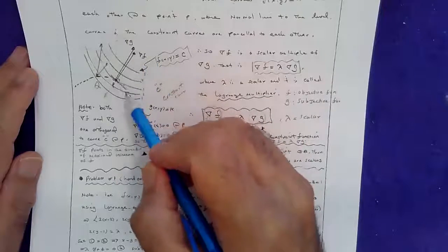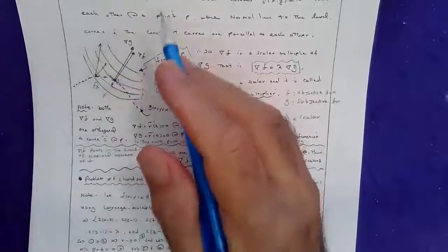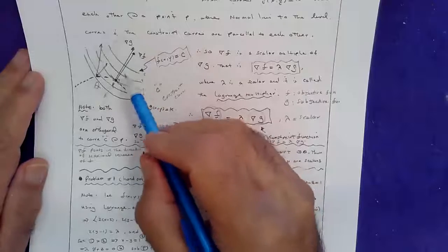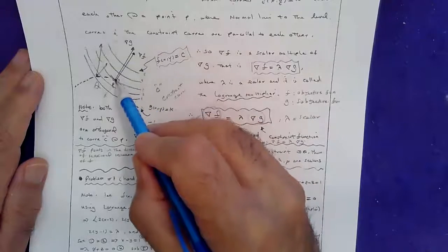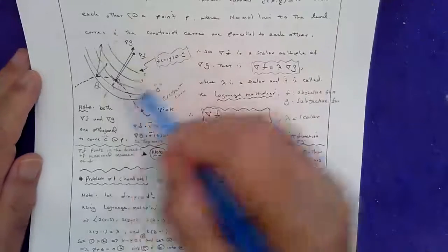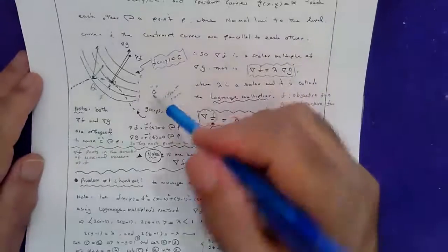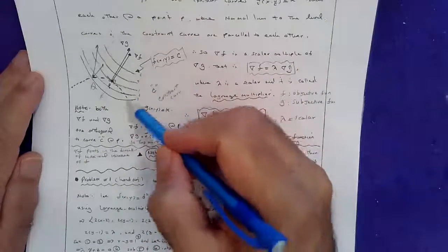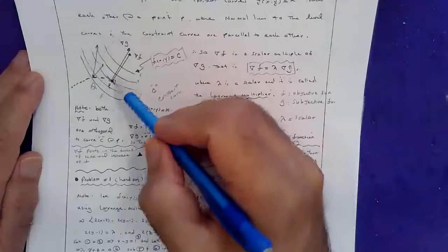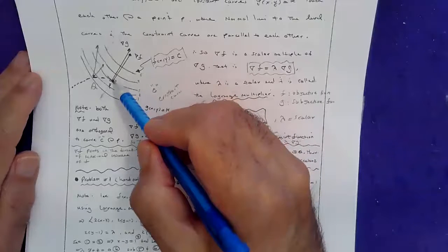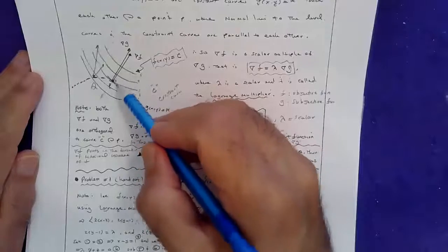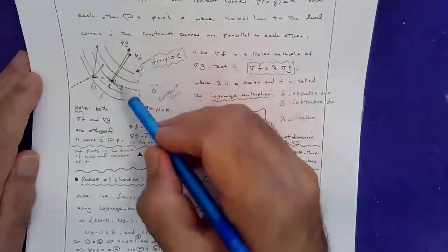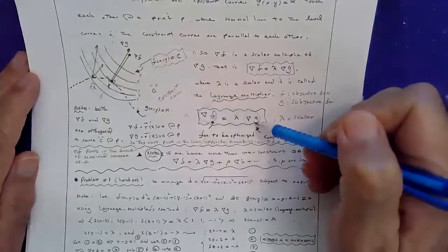But if you just go to the left or the right side, it doesn't put any dent in the rate of change anymore. So Mr. Lagrange discovered that at the point of tangency of the level curves and the constraint curves, you have the optimum value. And that happens when the normal lines to both curves are parallel.